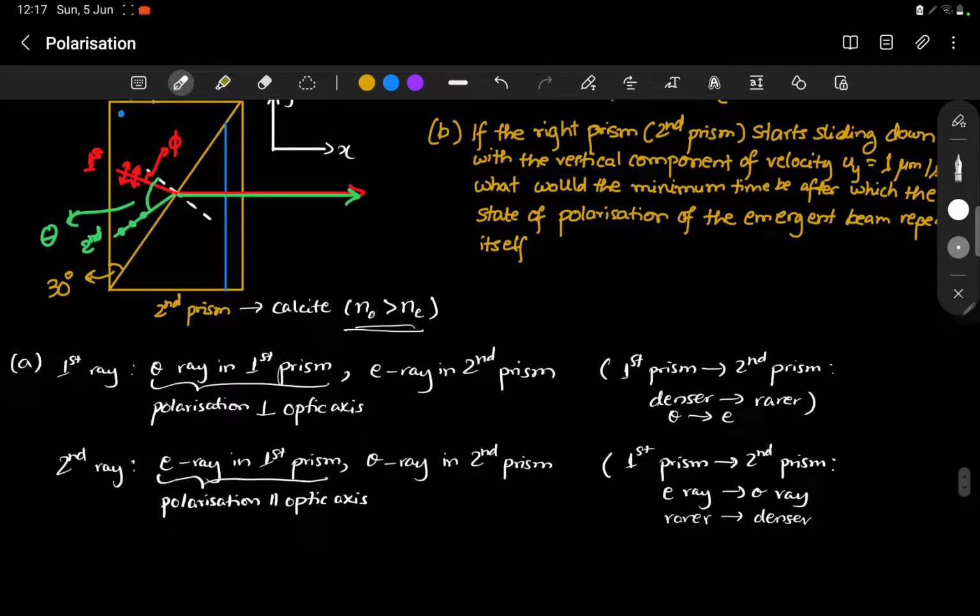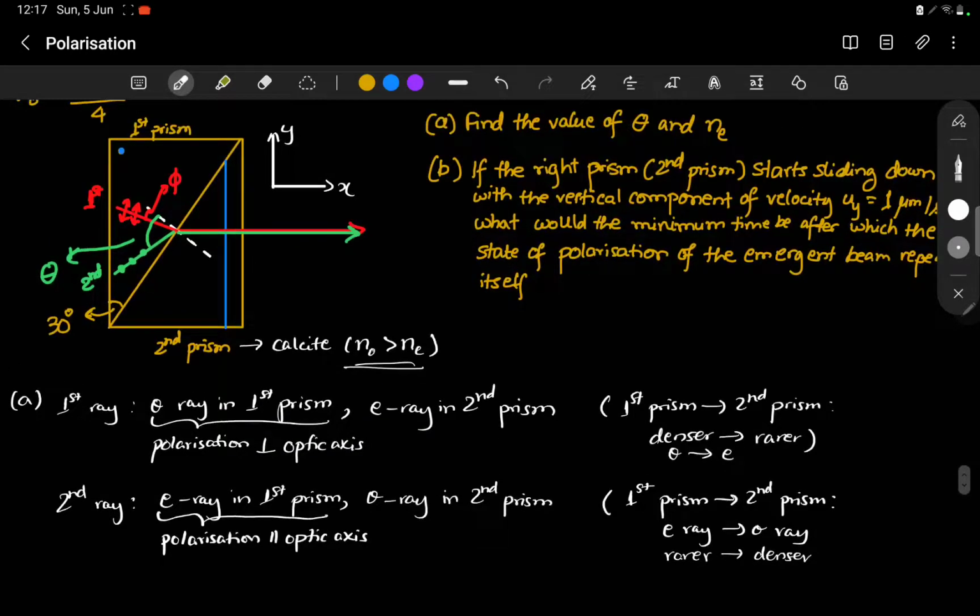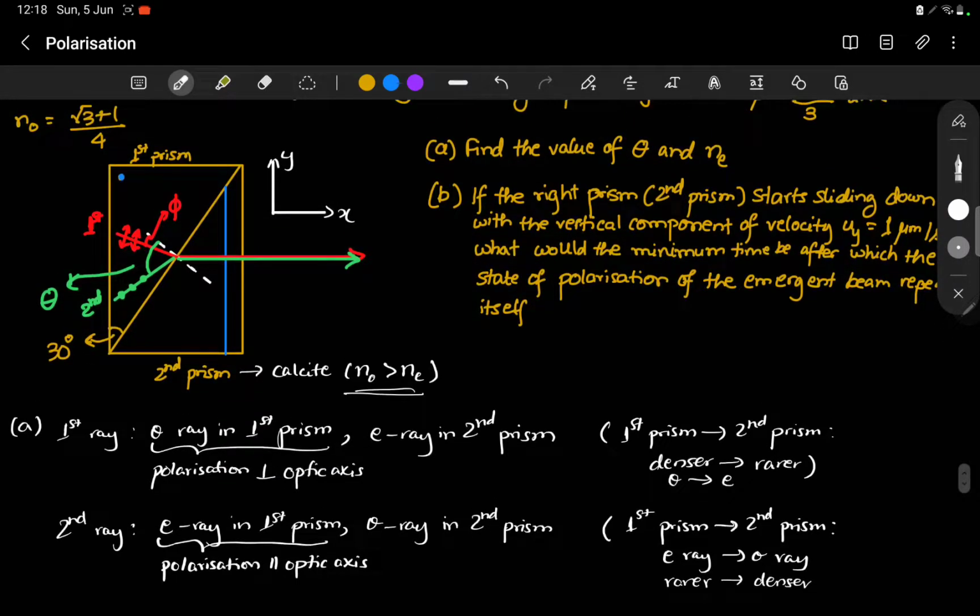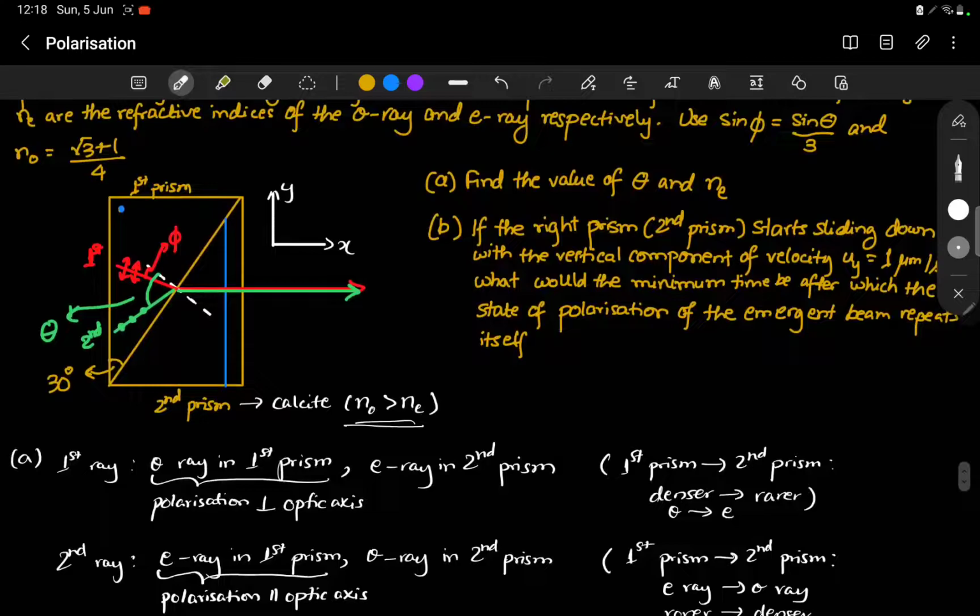Now we can apply Snell's law to each of these rays at the interface. Before that, let me write down this angle. This angle right here is going to be 30 degrees. Why so? Because we are given that this angle is 30 degrees, so this angle will be 60 degrees, as this forms a right angle.